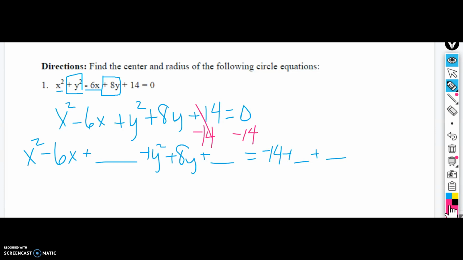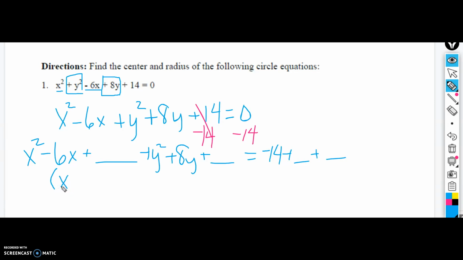So the very first thing that I'm going to do is I see that I have x squared minus 6x, and I know that to complete the square like we just did up above, I have to take half of 6 and then square it. Now, in my brain, I can very easily say half of 6 is 3, squared is 9, and put that 9 here. But to save myself a little bit of time, when I rewrite it, I'm going to start writing my set of parentheses already. So here's my parenthesis.